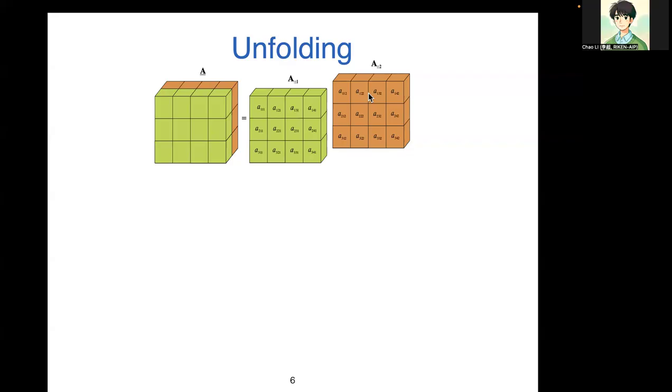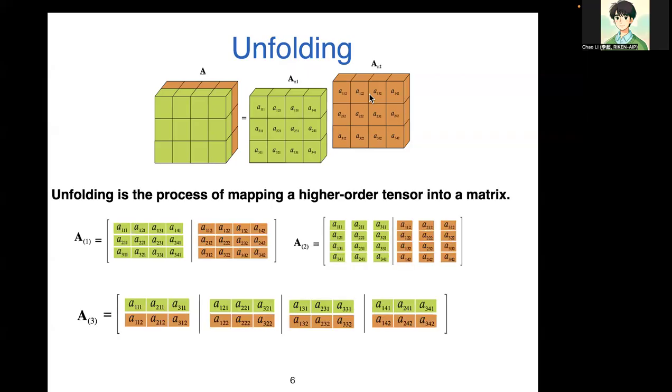Each slice is just a regular matrix, taken from the tensor along one mode. In the bottom part of the figure, we show unfolding, which is the process of mapping a higher order tensor into a matrix. Since the tensor A has 3 modes, we can unfold it in 3 different directions.